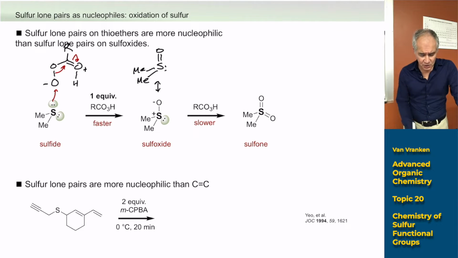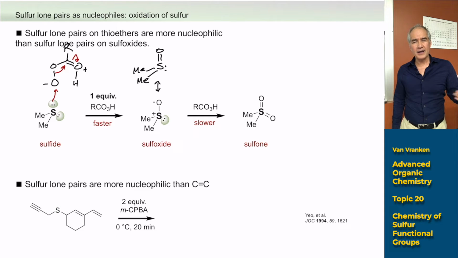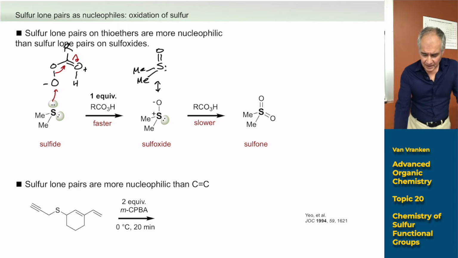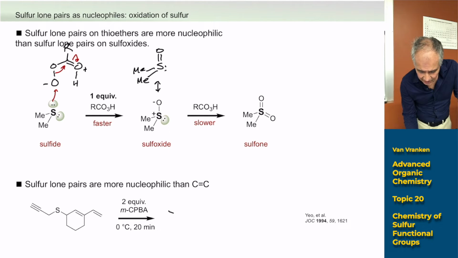So if we treat this thioether here with MCPBA or hydrogen peroxide or some other oxidizing agent, even though we've got all these other pi bonds in here, the only product that you get in high yield is oxidation of the sulfur atom, right? That's the preferred site of oxidation.